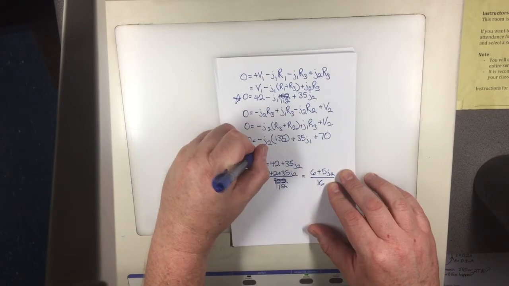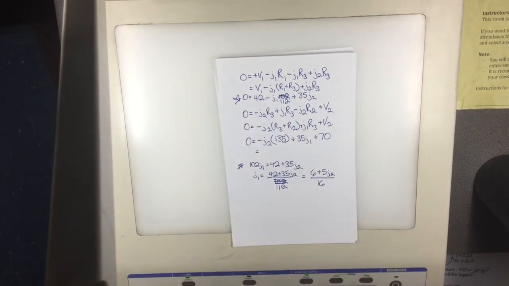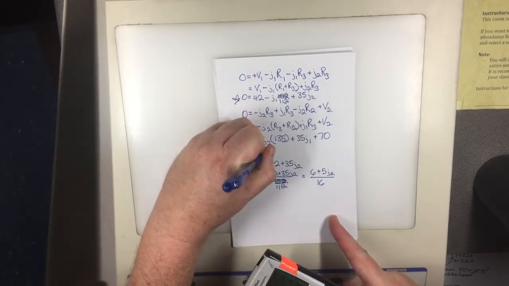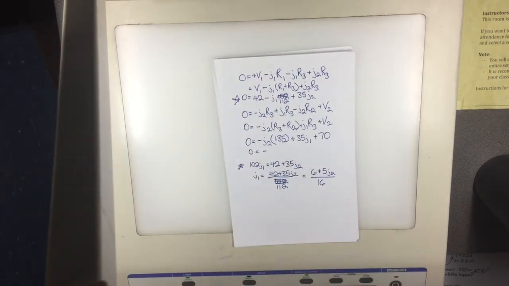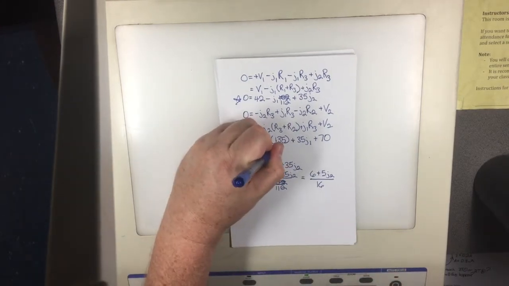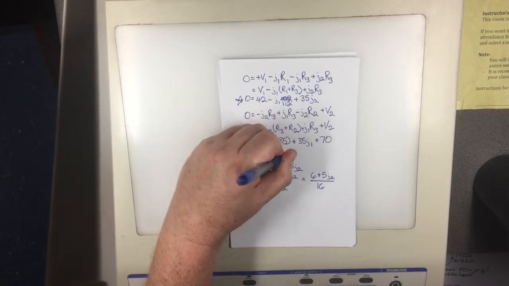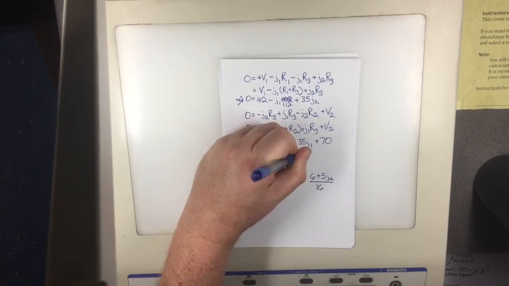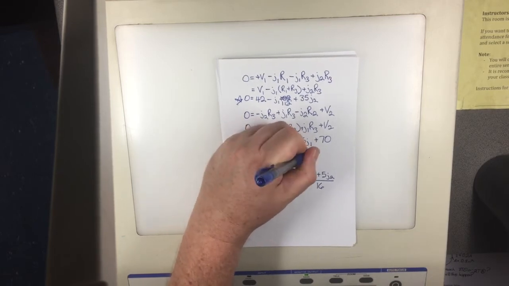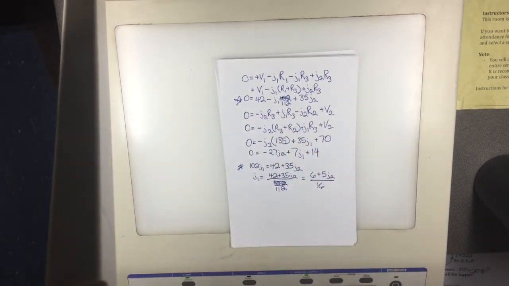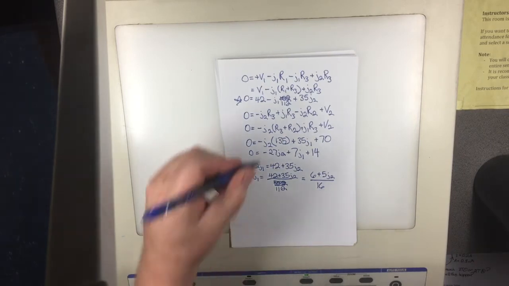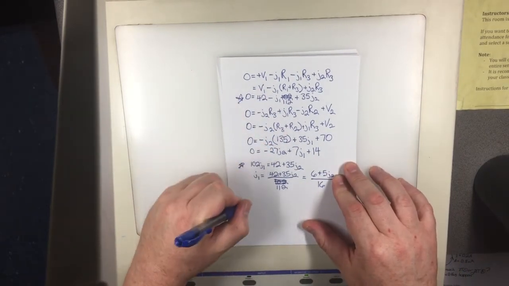Now this obviously is divisible by, did I get that right? Yeah, I did get that right. Oh, it's all divisible by 5, duh. So it's minus 27 J2 plus 7 J1 plus 14. So I'm reducing that down and simplifying it.